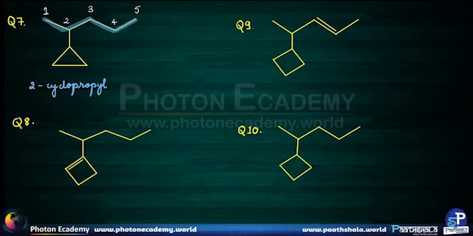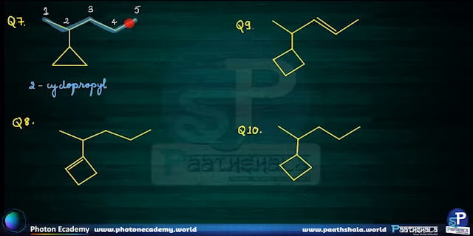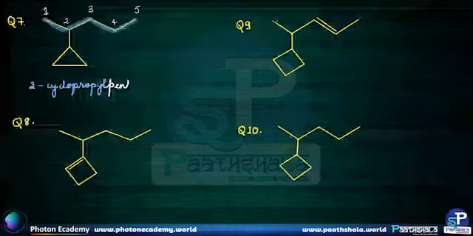Now in this problem we won't use any cyclo before the word root because our main chain is the open chain. The word root that we will give is pent, because of the open chain, and we will directly write 2-cyclopropylpentane.